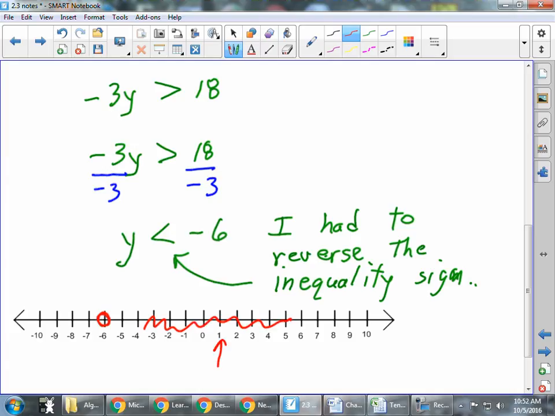How about good old number 1? And let's substitute into the original problem. So then we're saying negative 3 times 1 is greater than 18.